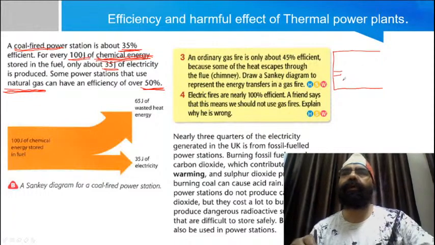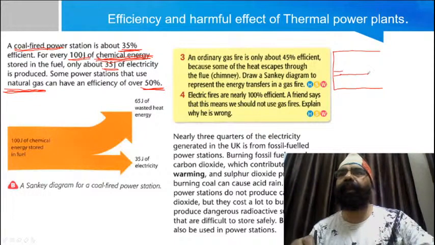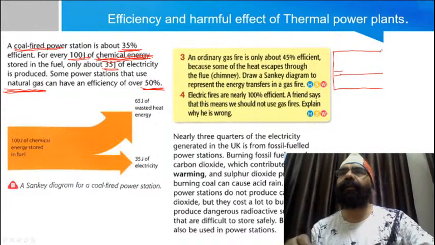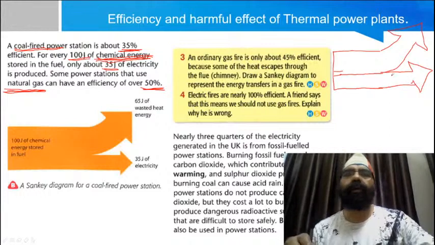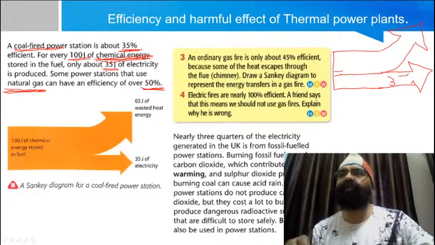From here I bring it up to this place, and then I bring my curve like this. It's going into the air, it's getting wasted. The rest I carry forward, and again I make an arrow. So this represents 35 joules.